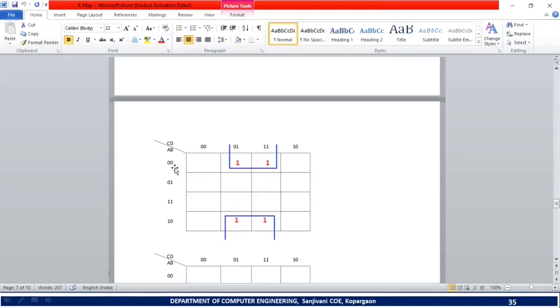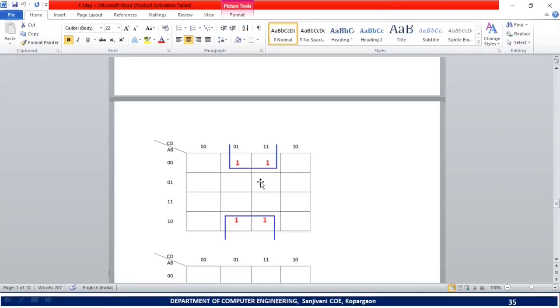For this group, B is 0, and here also it is 0, so B is same, right? Then what about C and D? C is 0 1, so C is changing, and D is 1 1, so D is constant. So which two variables are changing for this particular group? That is A, and here it is C. So that's why it is possible to form a group of this 4 1.